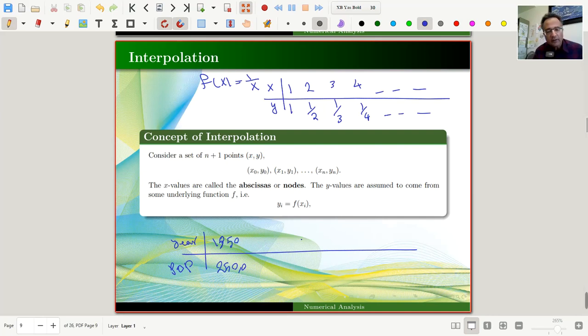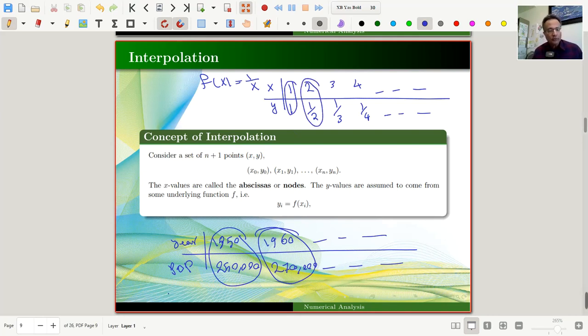In 1916 it is 207,000, and so on. Okay, every pair is a node here, and also here every pair is a node.